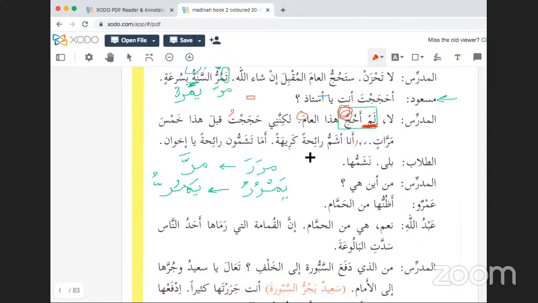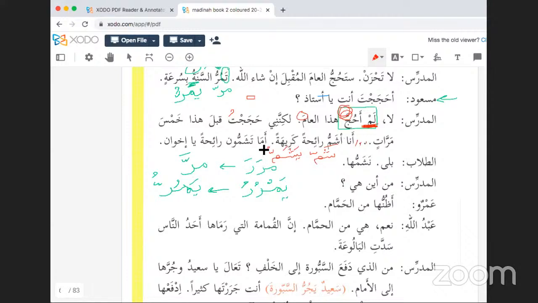Then he said, أنا أشم رائحة كريهة. أشم comes from the word شم, يشم. And he says, I can smell a horrible smell.